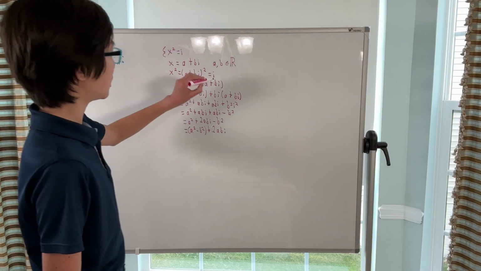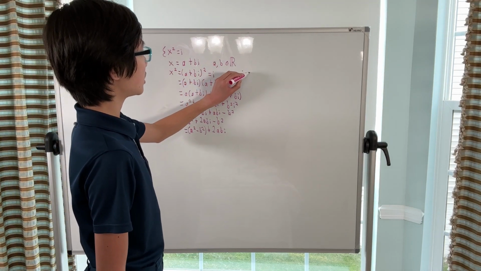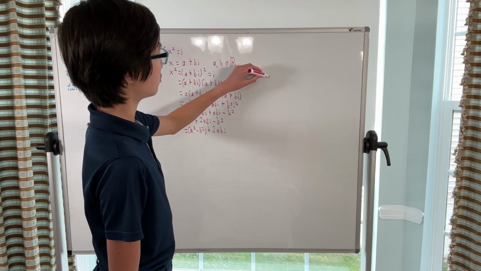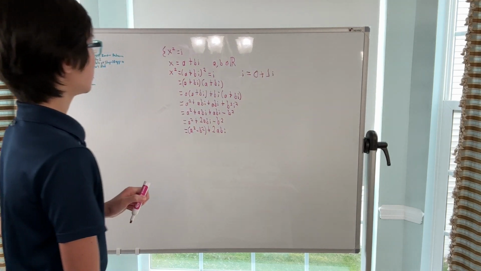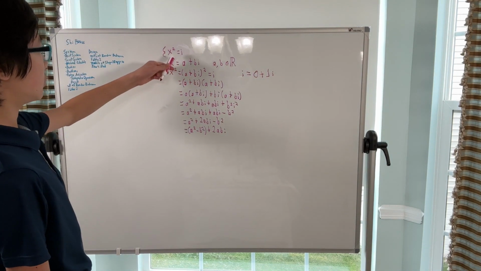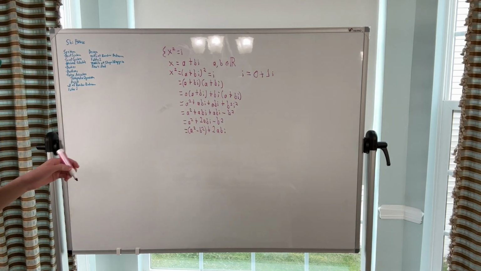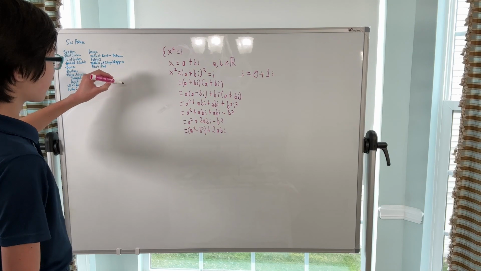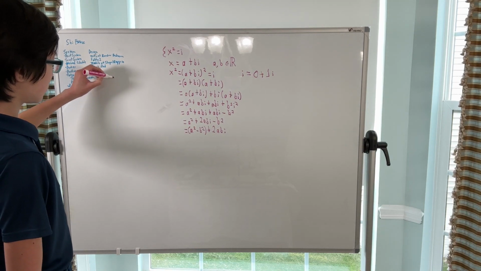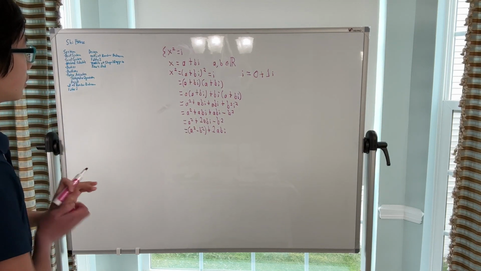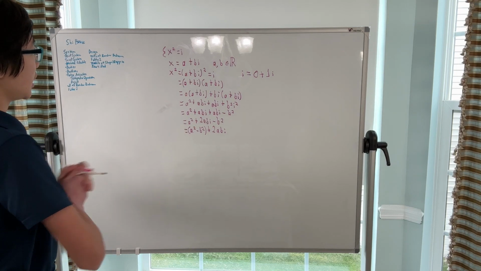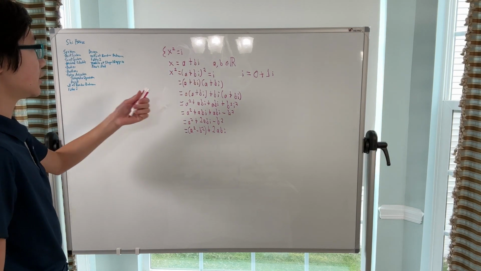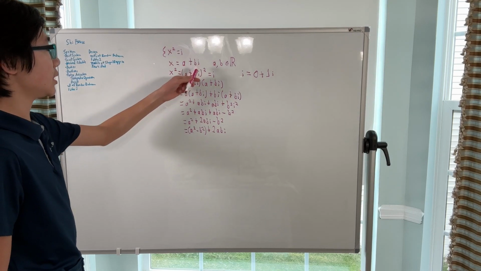Now, note that i equals 0 plus 1i, because i is what we're trying to solve, right? So we're trying to solve for a plus bi, and more specifically, we're trying to solve for a and b.